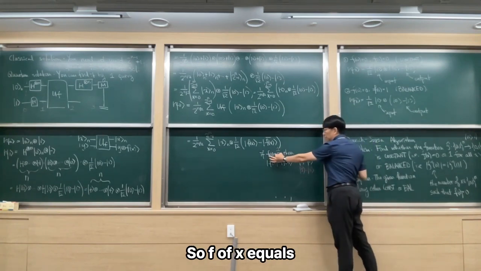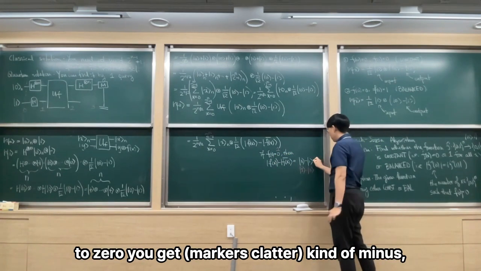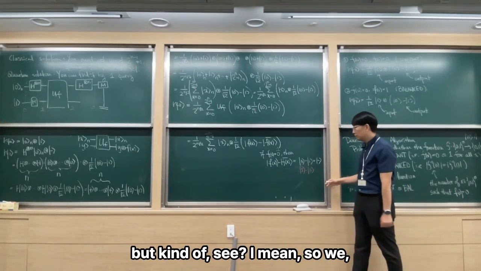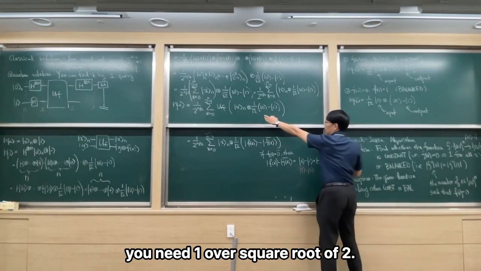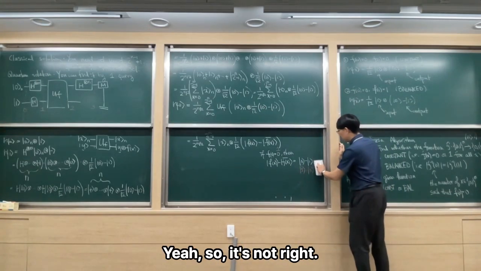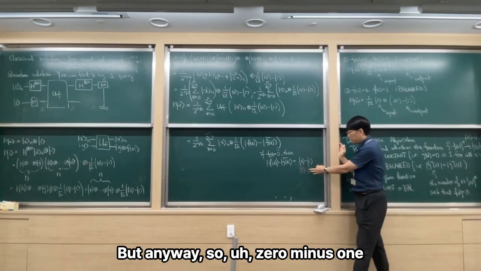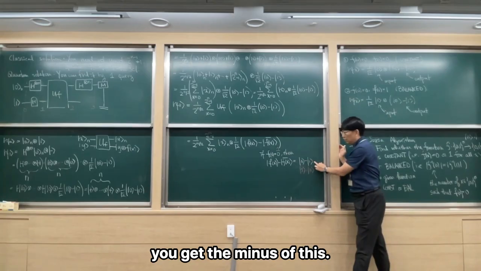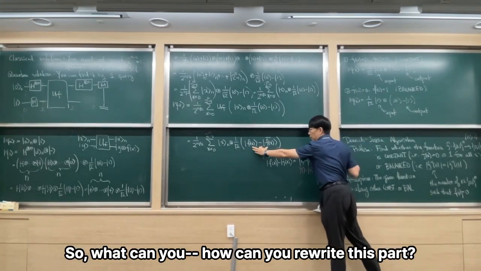So f of x equals 0, you get, I mean, you need 1 over square root of 2. Yeah, so it's not right. But anyway, 0 minus 1, but when you have 1, you get the minus of this. So how can you rewrite this part?